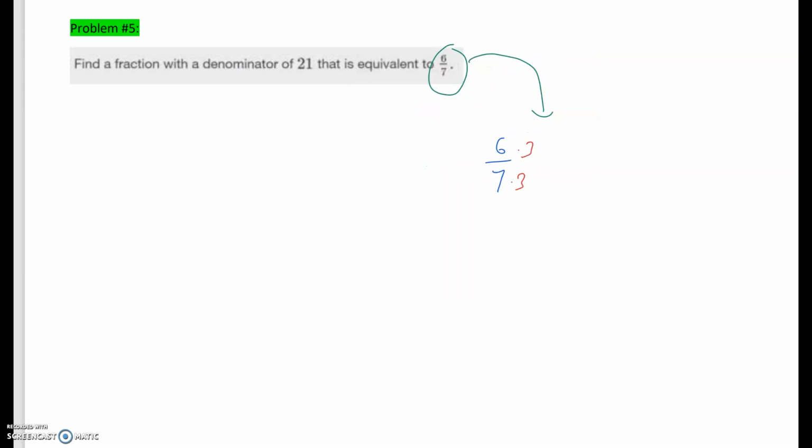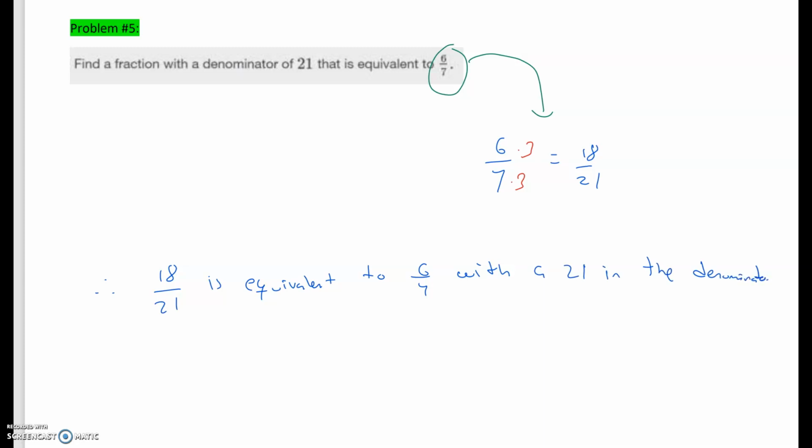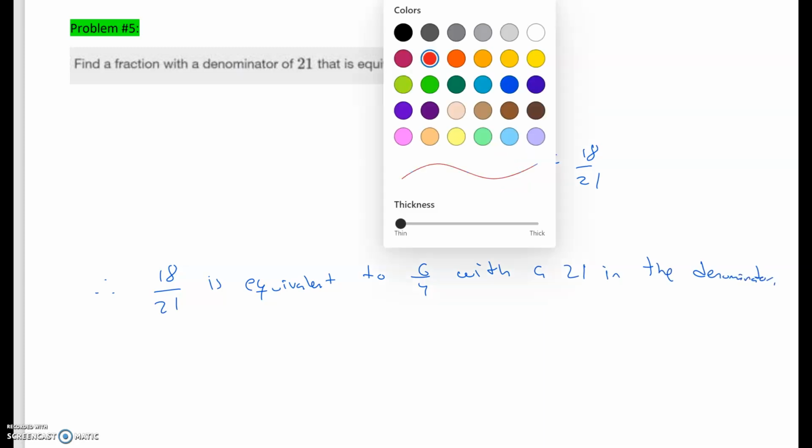This is going to give us 18 over 21. So 18 over 21 is equivalent to 6/7 with a 21 in the denominator. That's it. It only took one step.